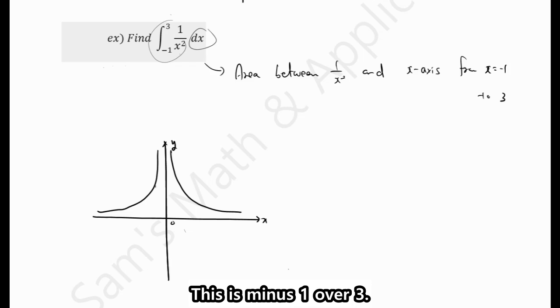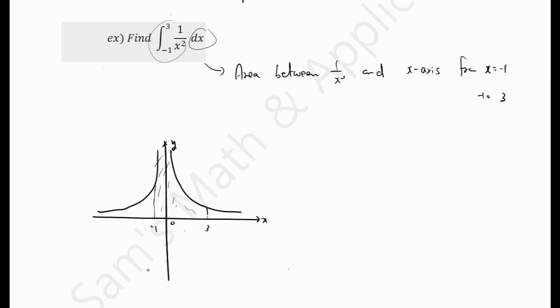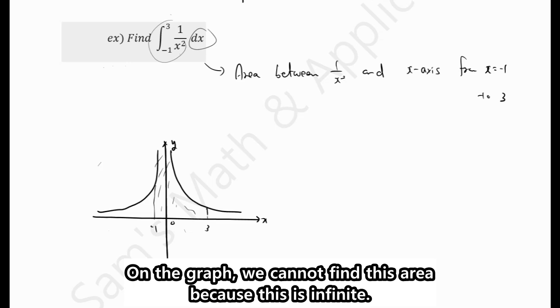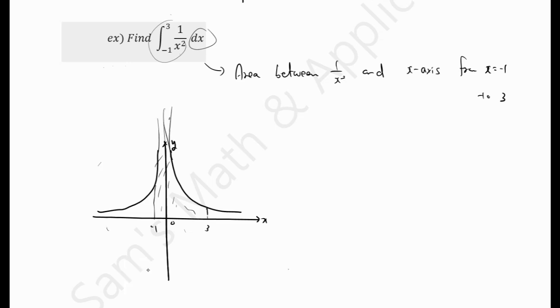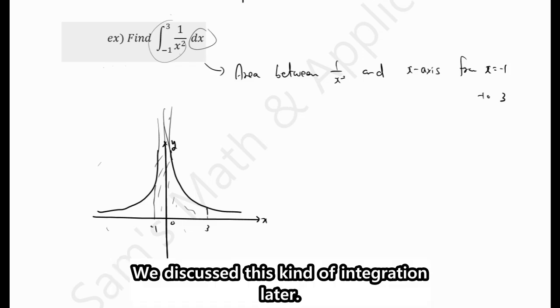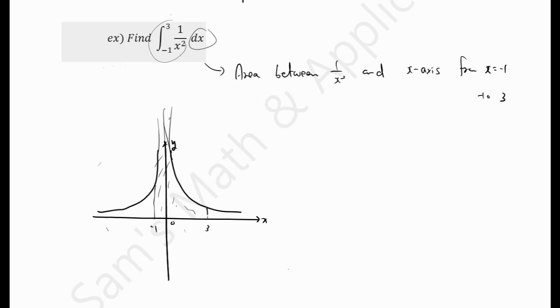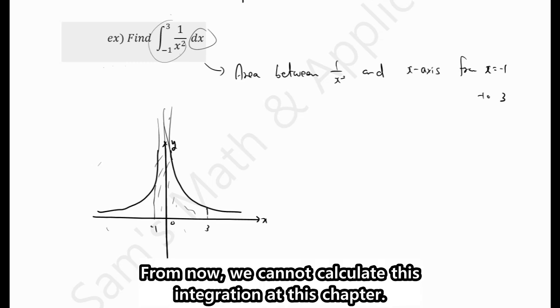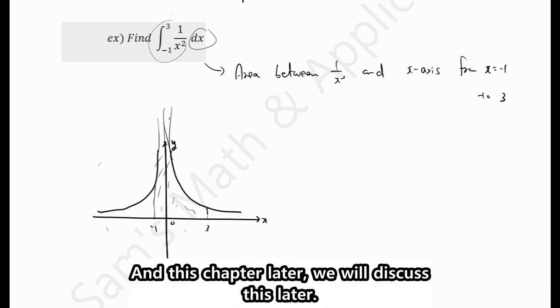On the graph, we cannot find this area because it is infinite. However, we can calculate this integral, but we will not discuss it here. We discuss this kind of integral later. So from now, we cannot calculate this integral in this chapter. We will discuss this later.